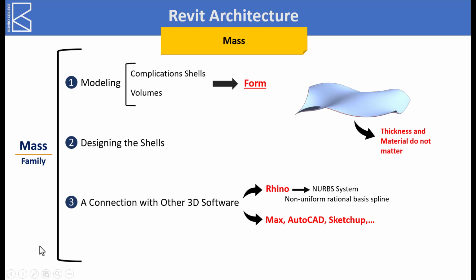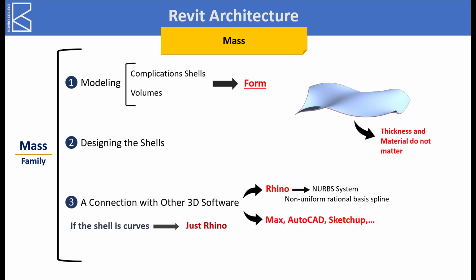Now, anytime you want to design your shell in another software and then import it into Revit, if that shell is curved, just work with Rhino. Just Rhino, okay? Because if you use Max and then import it to Revit, it turns it into pieces and it will not be good for you anymore.